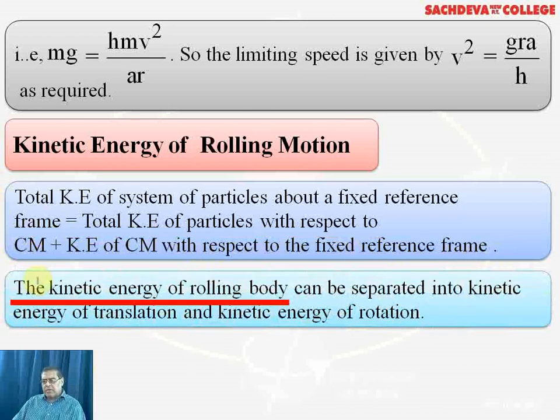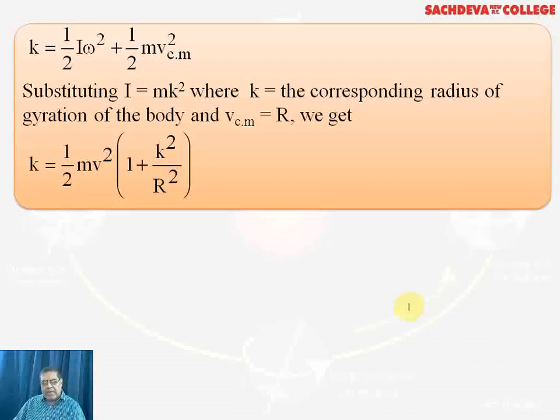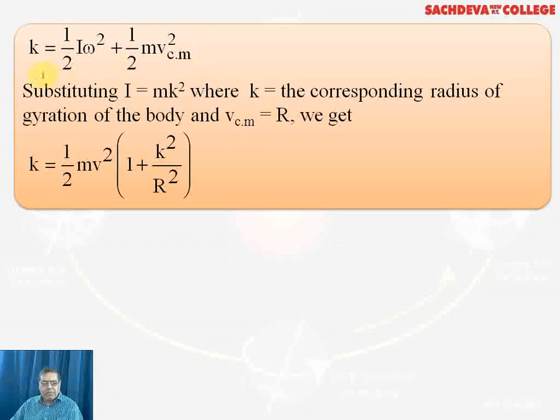The kinetic energy of a rolling body can be separated into kinetic energy of translation and kinetic energy of rotation. So the kinetic energy of translation is half mv square, and for rotational energy we have derived the formula earlier, half I omega square, plus half mv square of the center of mass.